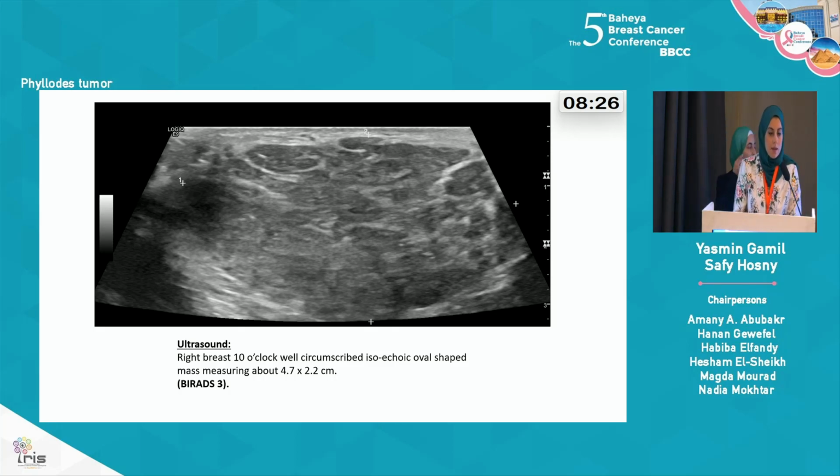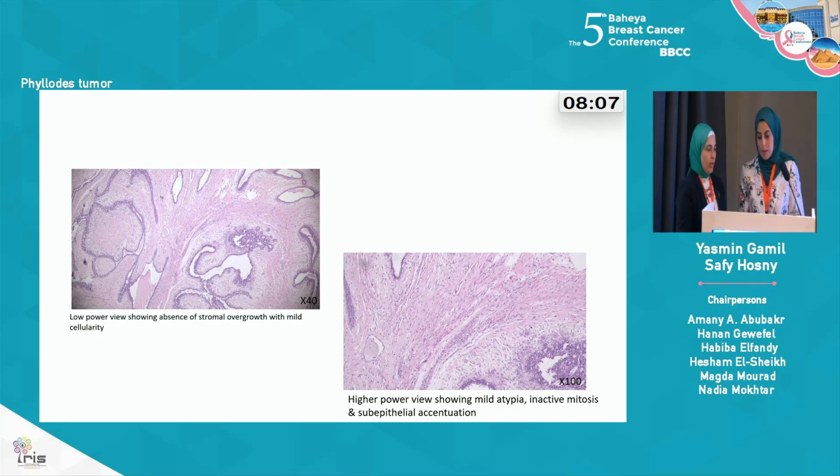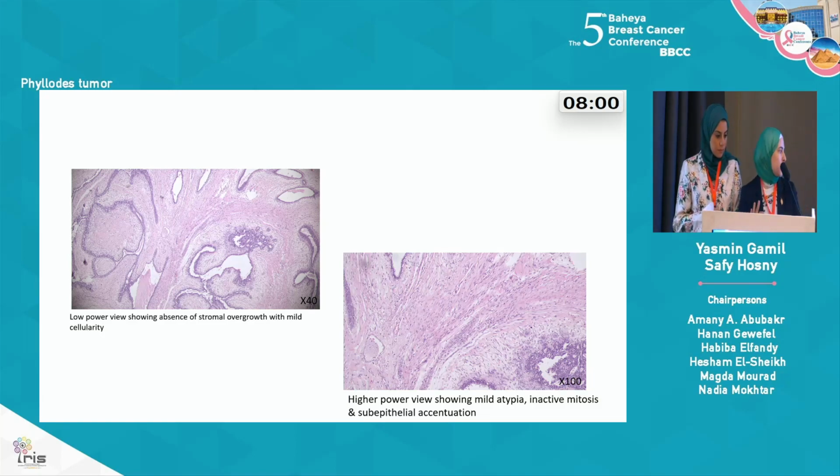One of the masses, as Dr. Safi told us, was located in the right breast, 10 o'clock. It was well circumscribed as seen, isoechoic, oval shaped, measuring about 4.7 times 2.2 centimeters. It was categorized as BI-RADS 3. And this is the histological picture. The low power shows complete absence of any stromal overgrowth with mild cellularity.